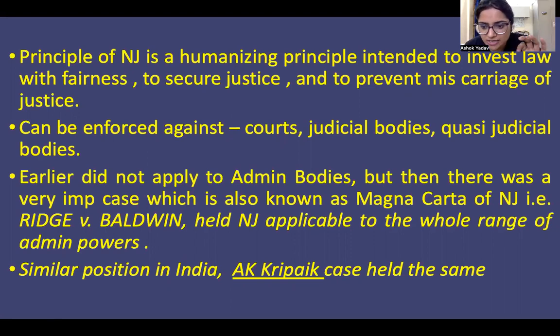So what it is saying is, in the principle of justice, you have to see that there is no arbitrariness, no misuse of power, no miscarriage of justice. The basic purpose is that justice is done, right? You can't misuse the power. It can be enforced against courts, judicial bodies, and quasi-judicial bodies.